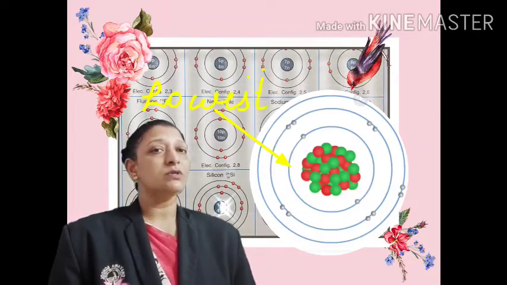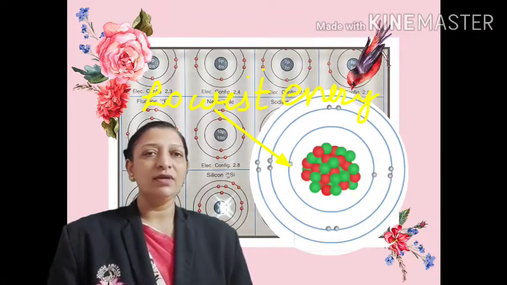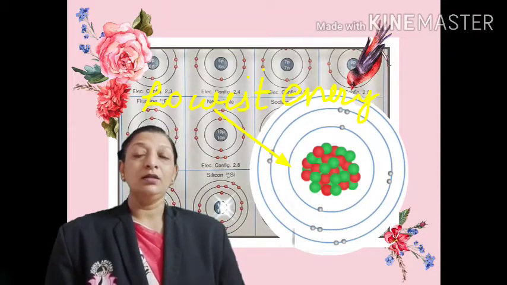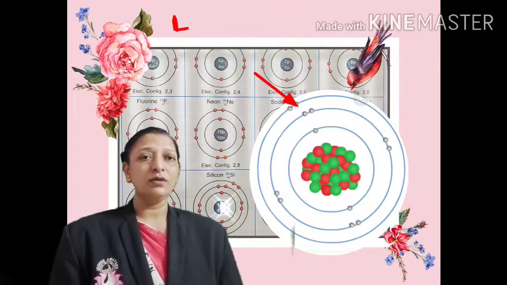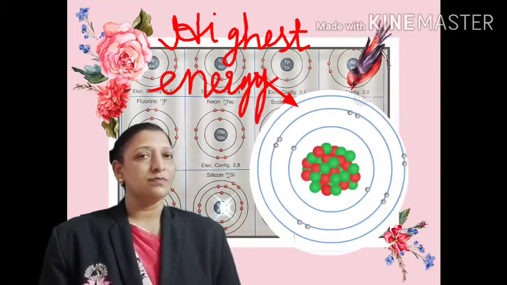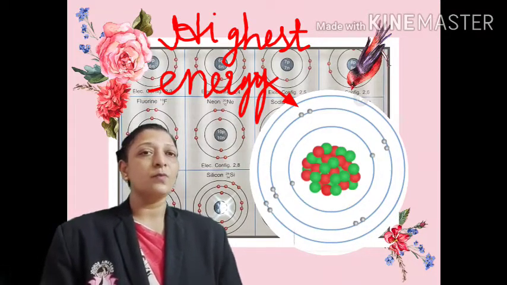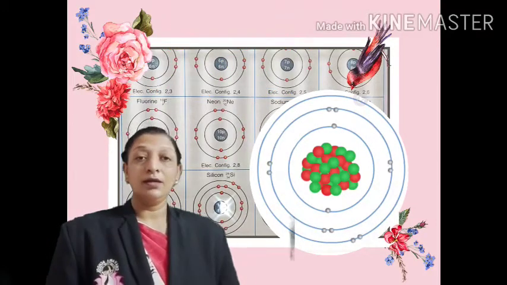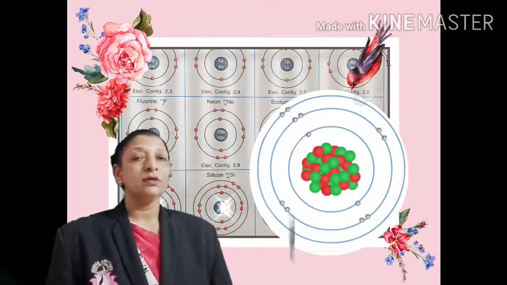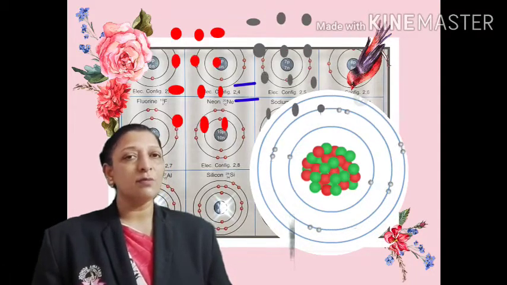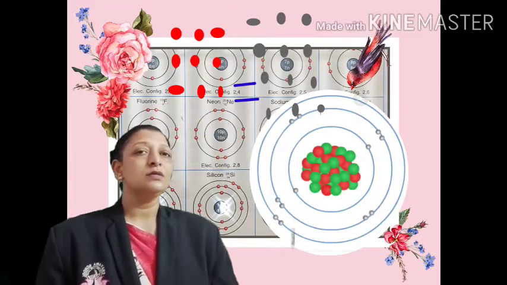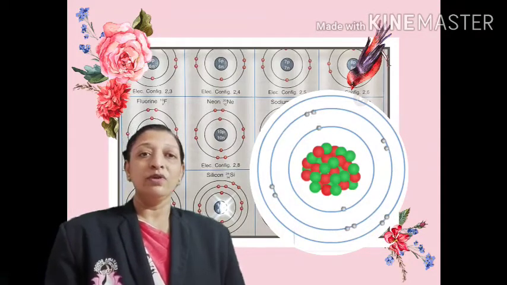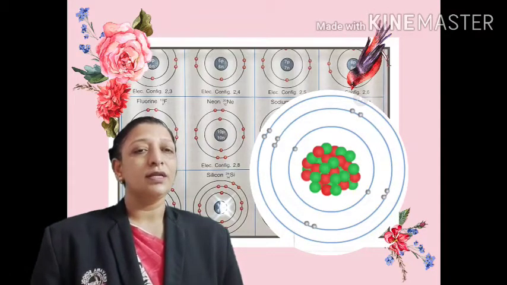The orbit closest to the nucleus has the lowest energy and the farthest orbit has the highest energy. Since these orbits possess energy, they are also known as energy levels. An atom is electrically neutral since it has the same number of protons and electrons, that is, the same number of positive and negative particles.